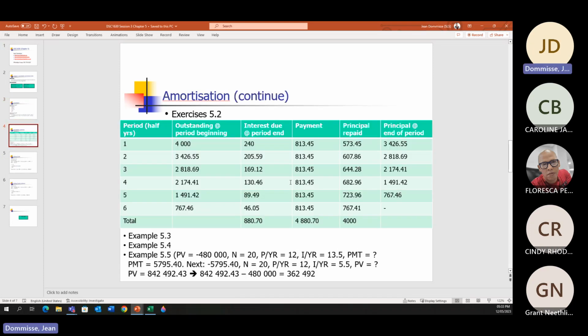Okay, so let's look at one of these exercises. How do we start with one of these? I also want to show you in Excel how to do it. What is this exercise 5.2?